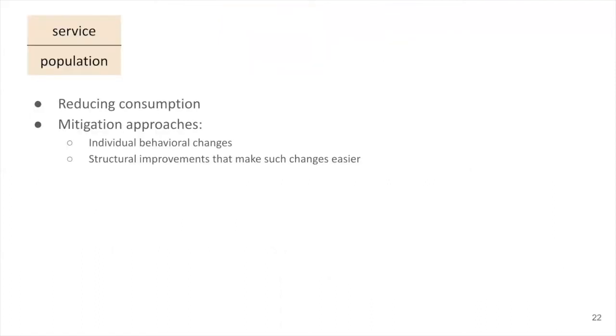On the level of the whole energy sector, this really refers to the strategy of reducing consumption. The mitigation approaches here are both on an individual level, behavioral changes, but also structural improvements that make such changes easier.